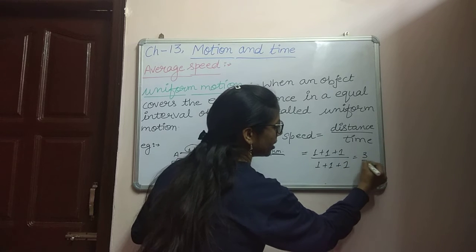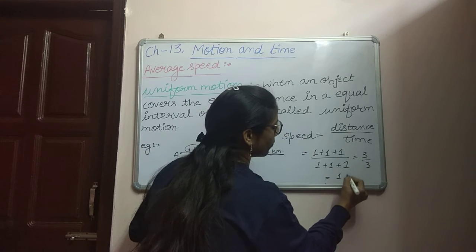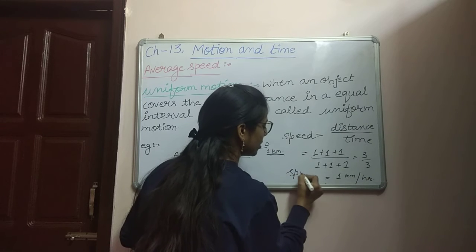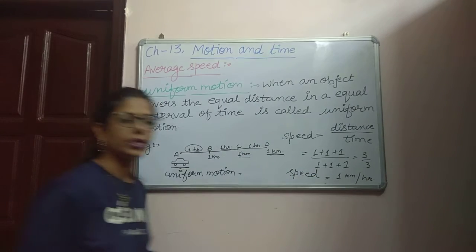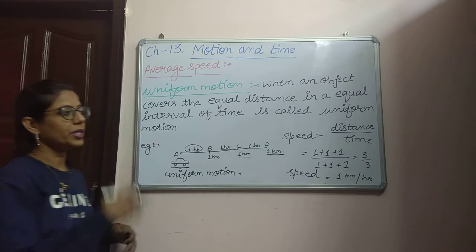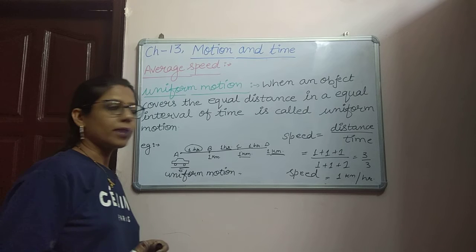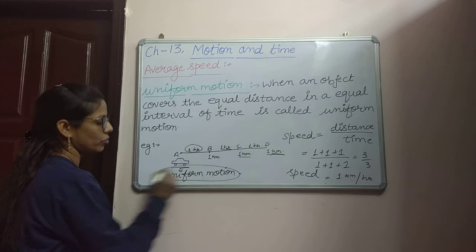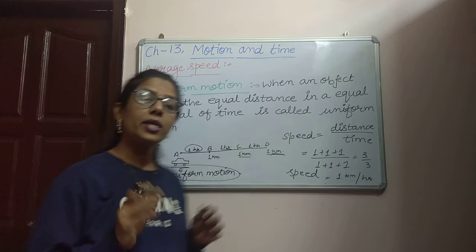It means 3 by 3. It means 1 kilometer per hour. So the speed of this object is 1 kilometer per hour. It means it is taking equal time and covering equal distance, so it is showing uniform motion. So always the speed will be the same.